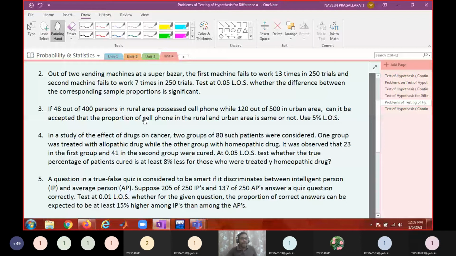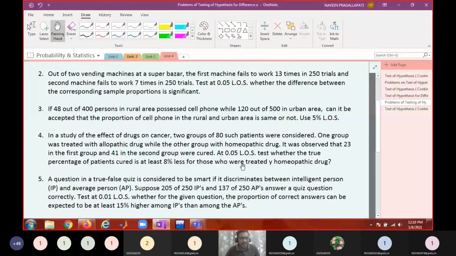So P1 is 48 by 400, P2 is 120 by 500. You just test whether P1 equals P2 against P1 not equal to P2. Then use the pooled proportion formula and find the test statistic.